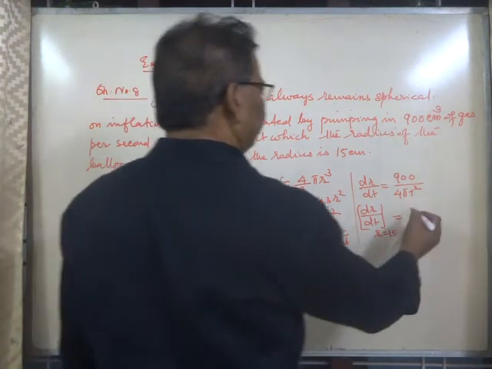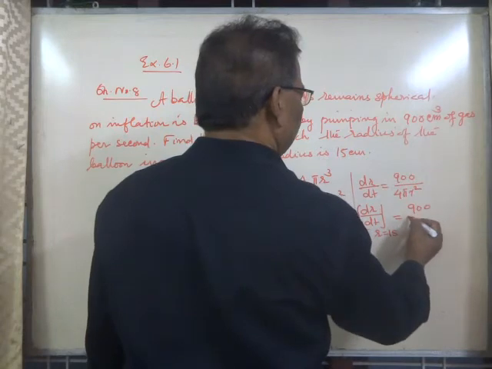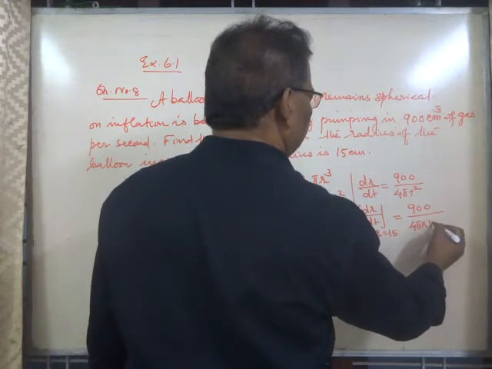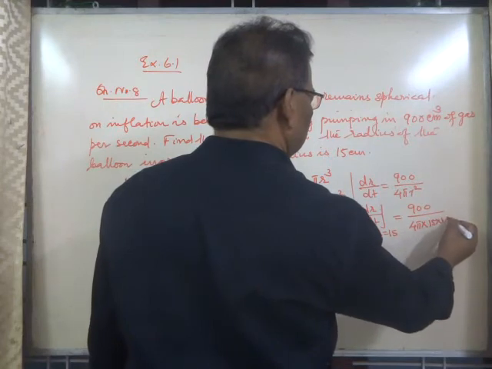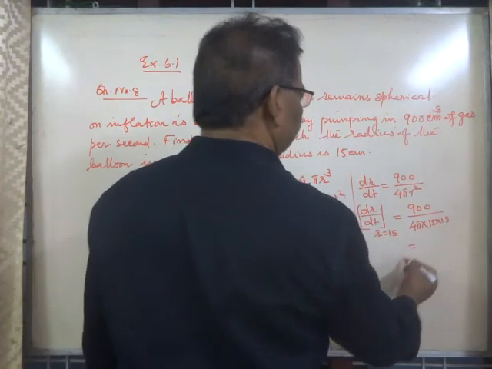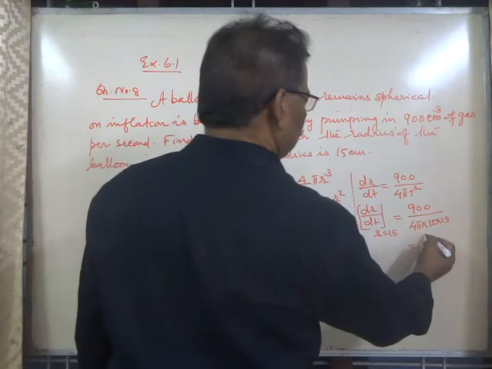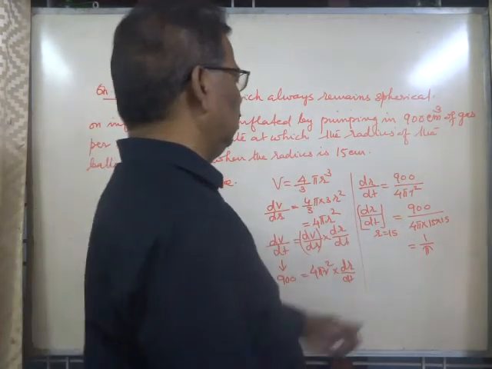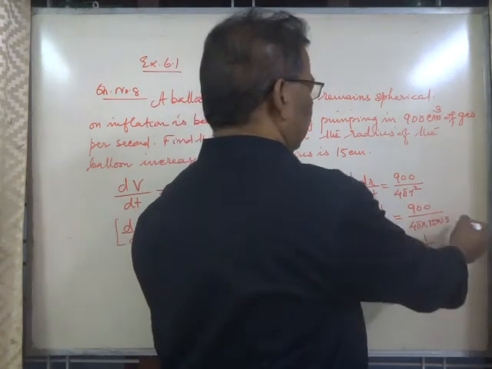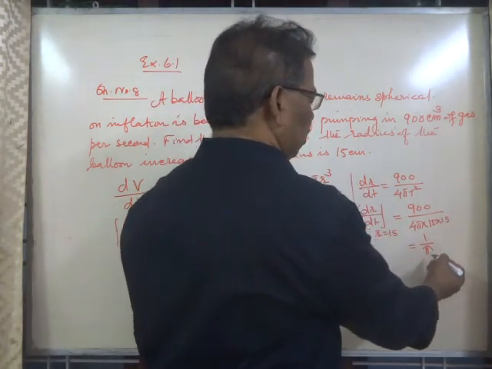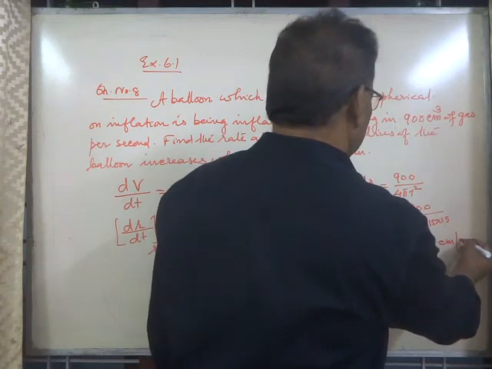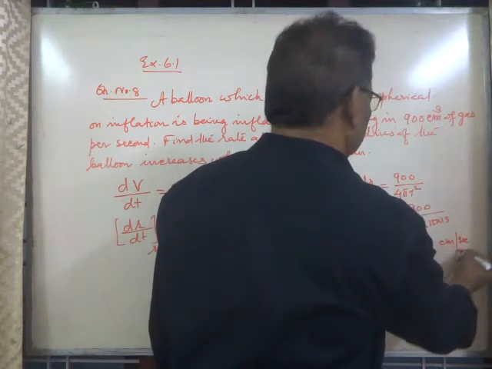That's equal to 900 divided by 4 pi into 15 into 15. That is 1 by pi. 900 and 900 got cancelled. 1 by pi centimeter per second.